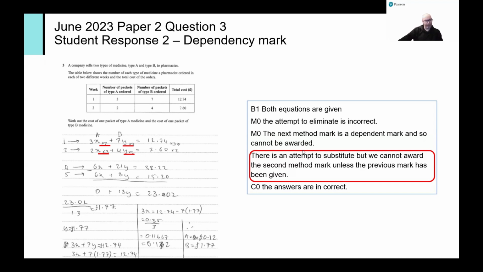So they do not get that method mark, and therefore cannot get the second method mark because it was a dependent one. Even though they've subtracted these equations, they cannot get that because it's a dependent mark. And therefore their answers are also incorrect.